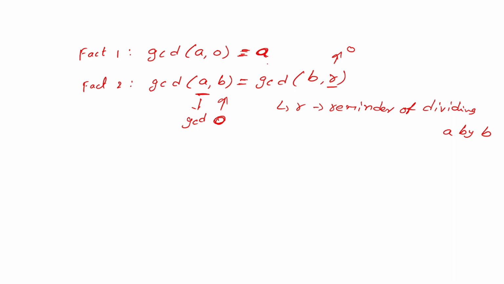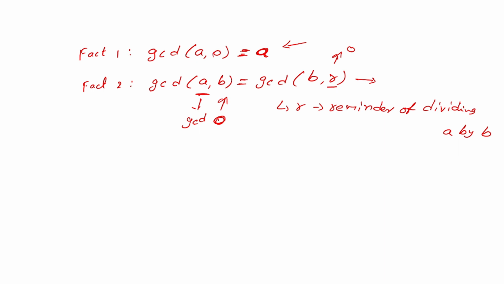And the second one, GCD of a comma b is equal to GCD of b comma r, where r means the remainder of dividing a by b. We need to continue this process until we reach fact 1. Fact 1 means the second value is 0.